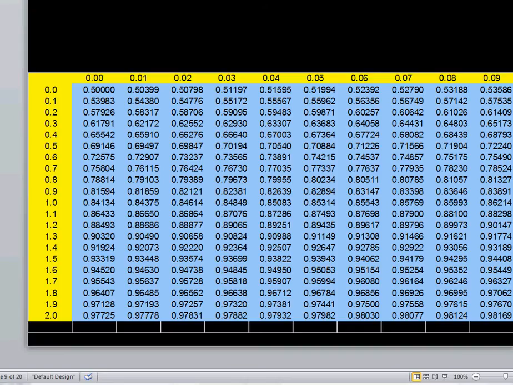So the table that you see in the book, or what's simulated on the screen here, we have 0.40. And so the number that appears right here, 0.65542, that corresponds to the area to the left of 0.4.